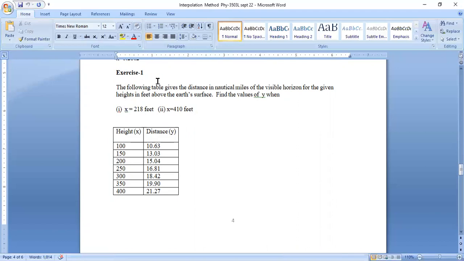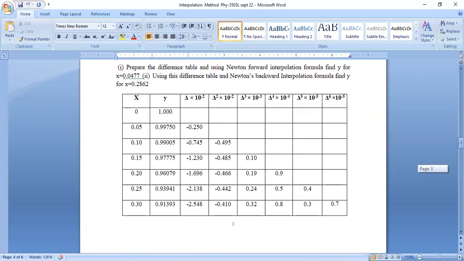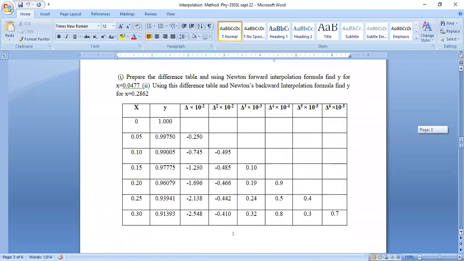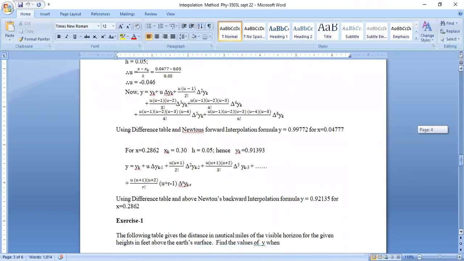This is the exercise which you have to perform in your laboratory session. When you prepare your journal, you write this exercise, you write this problem which I have calculated. Example number one, you have to write in the journal with these different tables and calculations.